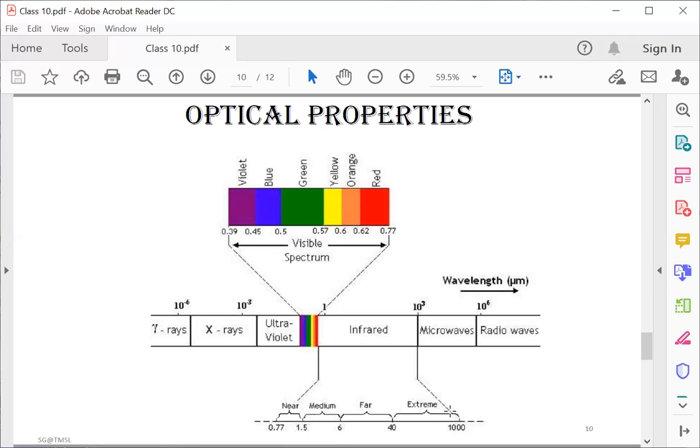For example, radio waves, long electrical oscillation, infrared, ultraviolet, X-ray, gamma ray, cosmic rays. This is the complete spectrum given by this diagram. Different sensors operate in different spectrum according to the spectral location and the property of the sensor.